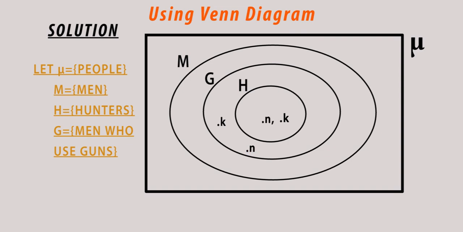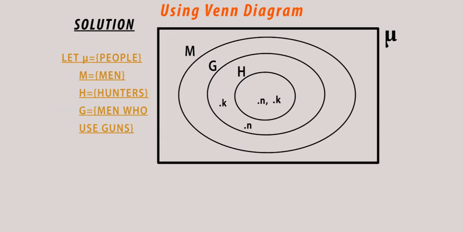Now, let's see the Venn diagram. On your Venn diagram, you realize that the position of K represents men who do not use guns, who are not hunters.